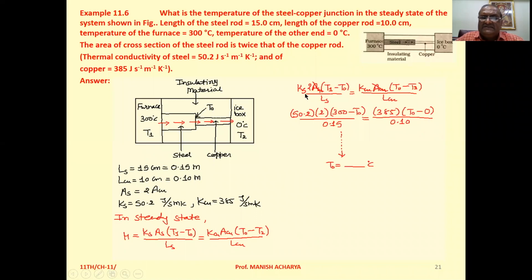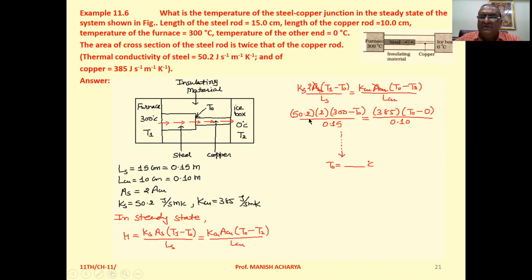Now K steel, area of steel is 2 times area of copper. So area of steel is replaced by 2 A copper. (T1 minus T0) upon L steel is equal to K copper A copper into (T0 minus T2) upon L copper. Now substitute the values.